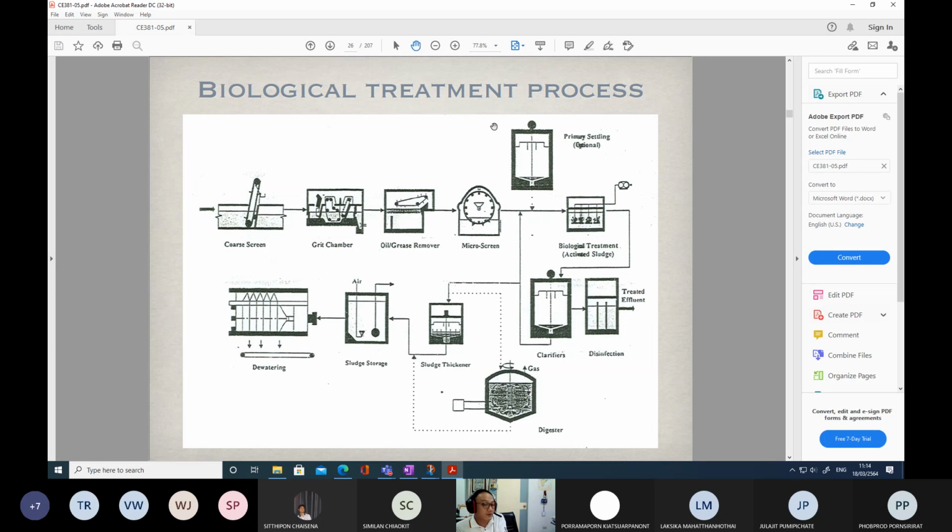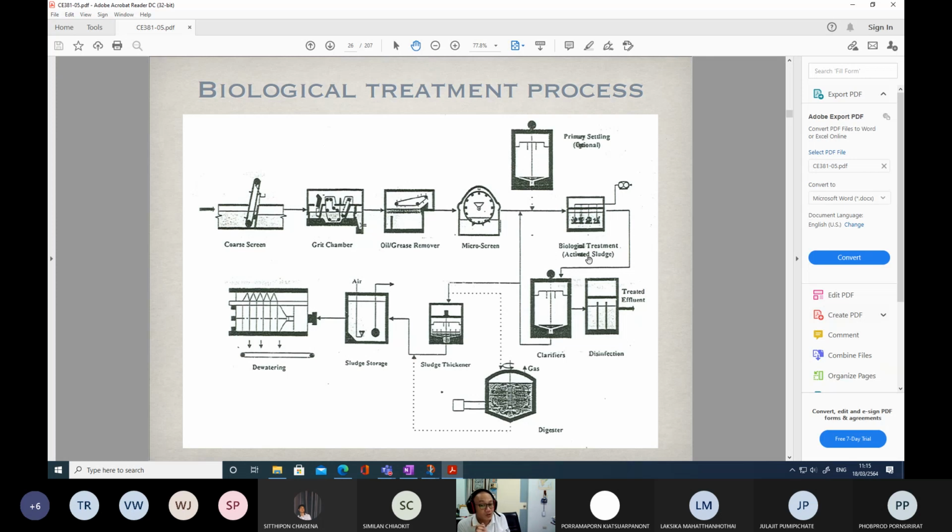So they just remove the contaminants based solely on the physical process. But once all the suspended solids are completely removed, then only the dissolved organic matters are left. So these organic matters can be purified or removed by the biological process.